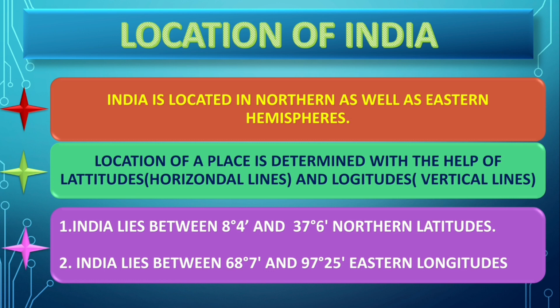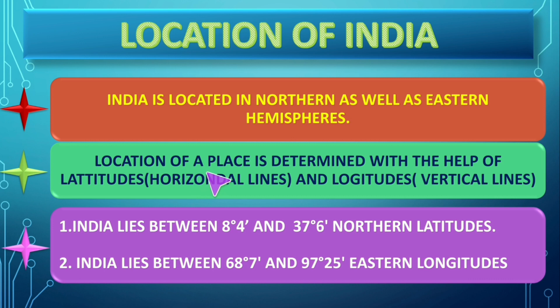Now let us discuss the location of India. India is located in the northern as well as eastern hemispheres. India is located in the northern hemisphere on the basis of latitudes, and on the basis of longitude India is located in the eastern hemisphere.